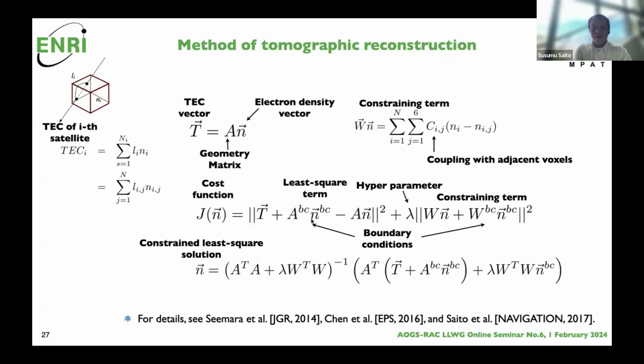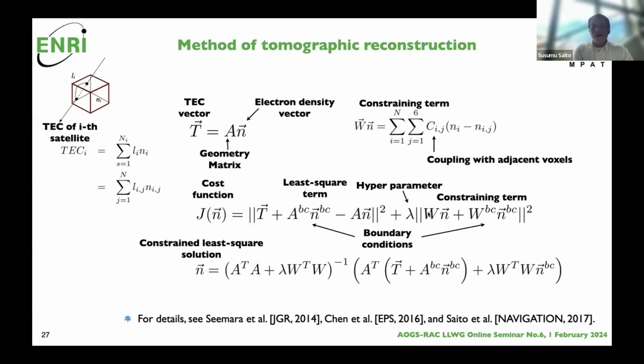We fix the electron density at the top and bottom, and the second term is what we call the constraining term, which defines how smooth the ionospheric density distributions are.